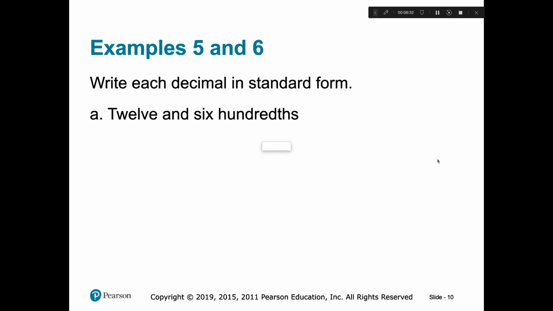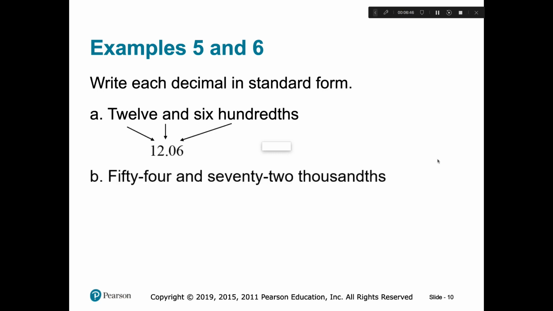I have this one that is 12 and 600ths. What would that look like? 12.06. Then I have 54 and 72 thousandths. Laura, how would I write this?